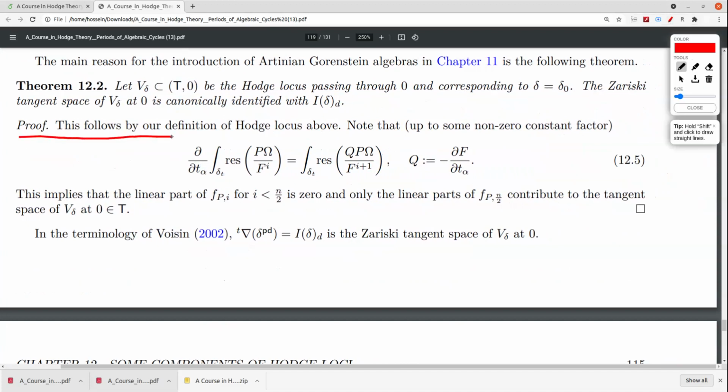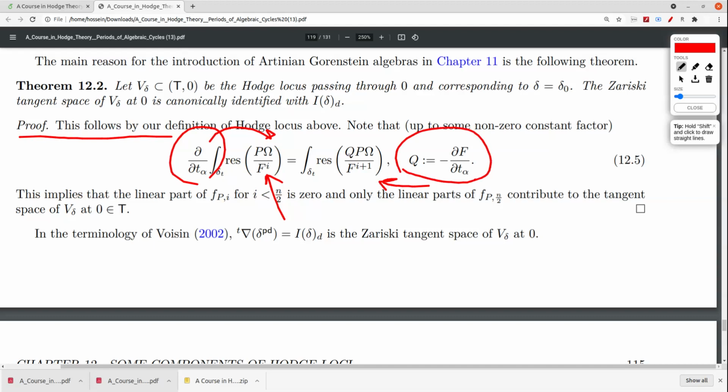So the idea is that if F depends on a lot of parameters, each monomial in the expression of F has a parameter, and if we take the derivation with respect to this t alpha, then the derivation will go inside the integral, and then we will use the classical derivation, and then we will have this equality where this q is the derivation with respect to t alpha.